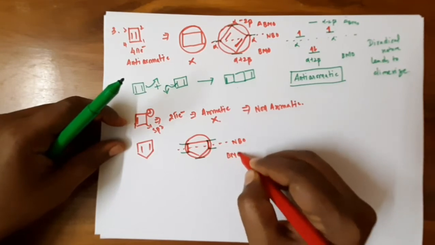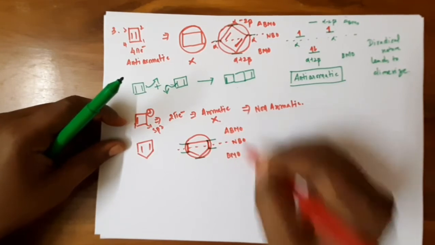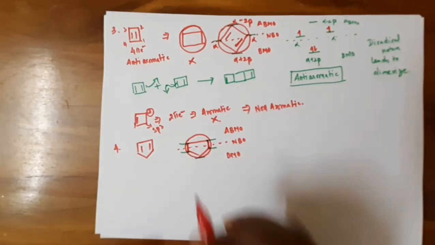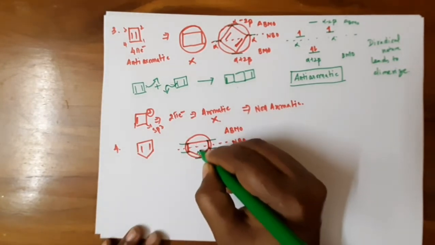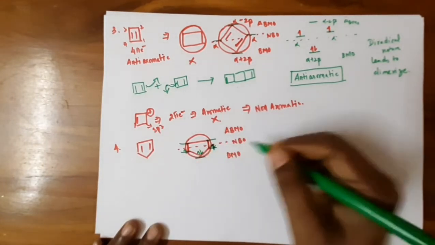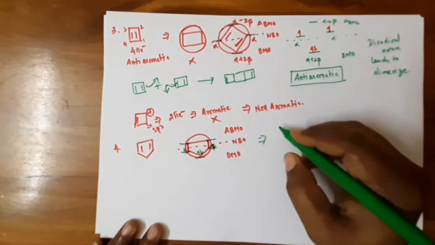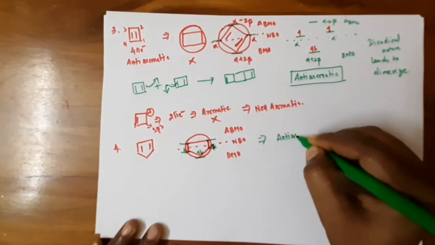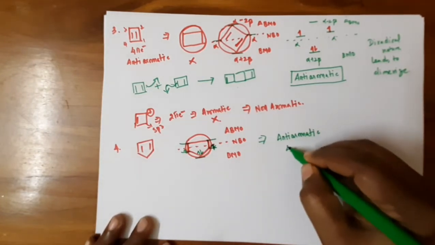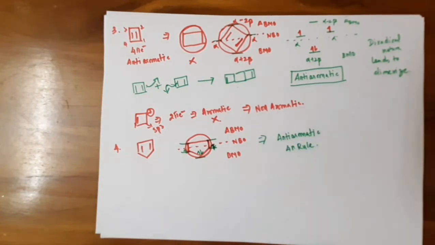This is the bonding molecular orbital, and this is the anti-bonding molecular orbital. Now this cyclopentadiene has 4 electrons, so fill the 4 electrons like this. Again it has unpaired electrons in this level, hence it is anti-aromatic and paramagnetic. So it obeys the 4n rule.